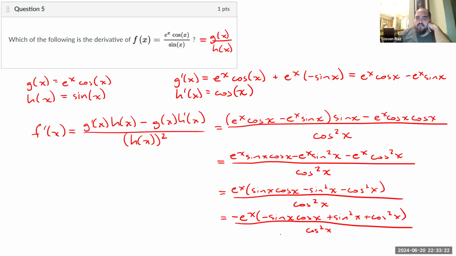So what do we know about sine squared of x plus cosine squared of x? We saw that before. We know that comes out to be 1. So negative e to the x times negative sine x cosine x plus 1, all over cosine squared of x.